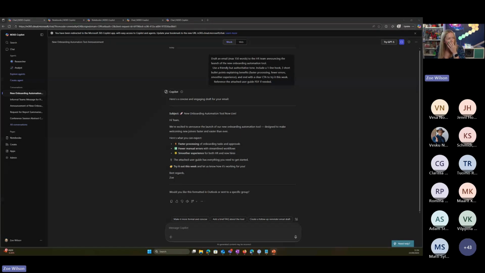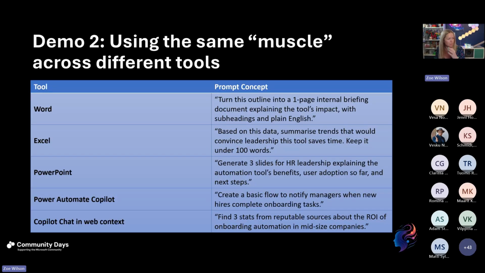And this is something that you can do across the different apps as well. So if I just bring this back up, I won't demo these because I'm just conscious of time, but you could use variations of this prompt in the different Office apps that can take action specifically in those apps that are aligned with the thing that you're trying to achieve. So, in this example, we've got this briefing document for the new automation tool.